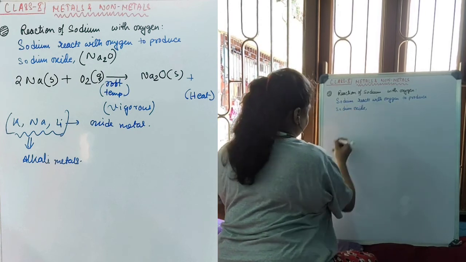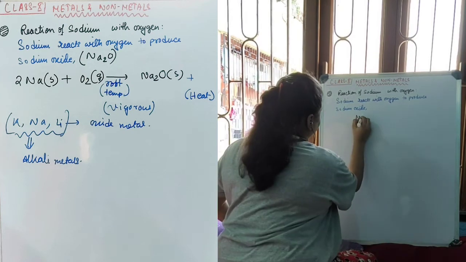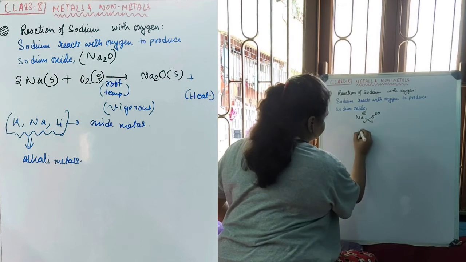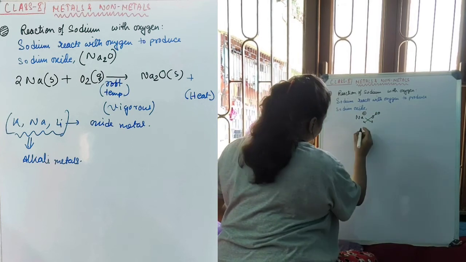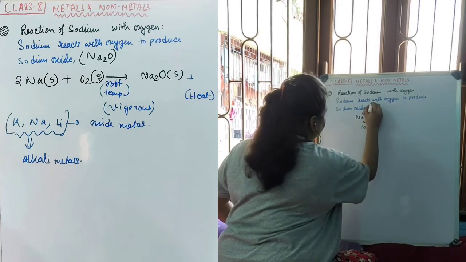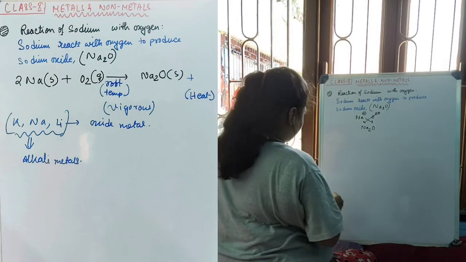The chemical formula of sodium oxide can very easily be found out. Na plus, O2 minus oxide, by interchanging their magnitude of charge, you can find the chemical formula to be Na2O. Therefore, the chemical formula of sodium oxide is Na2O.